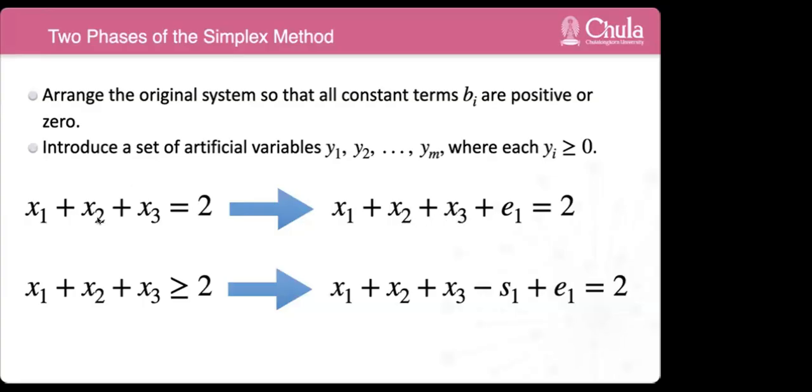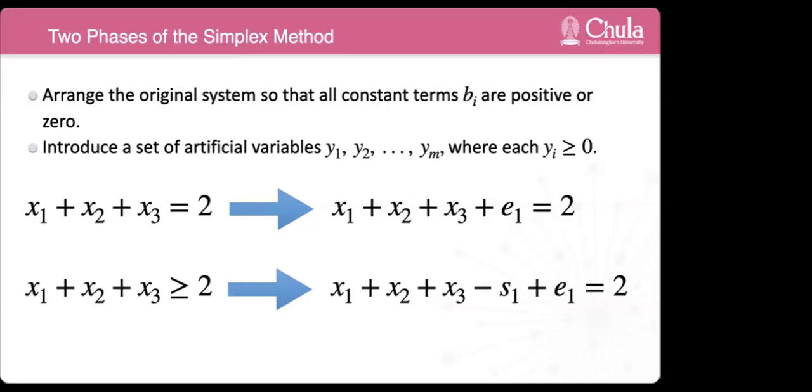First, from the equality constraint x1 plus x2 plus x3 equals 2, you add E1 to this problem. You see that doesn't make any sense, right? x1 plus x2 plus x3 must be 2, and you add another one, E1, and force it to still be 2.